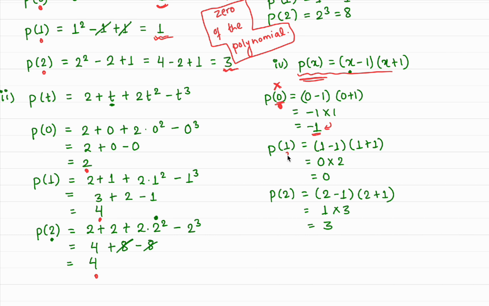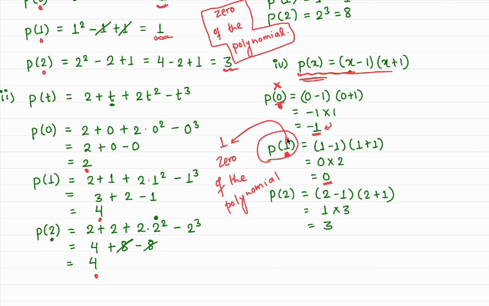However, when we put number 1 in this polynomial, you get the answer as 0. And again, if you get your answer as 0 when you put in a particular number, then that number, this 1, is the zero of this polynomial. So the zero of this particular polynomial in our question number 4, x minus 1, x plus 1, is 1.